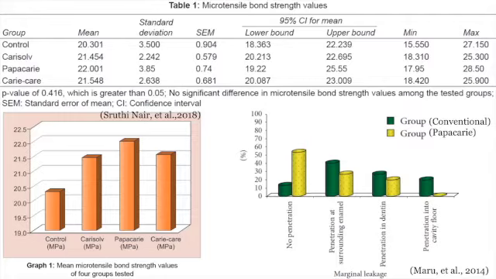Sturinair had concluded that the different chemo-mechanical caries removal agents didn't compromise the bond strength negatively in comparison to the control group, which was performed with burrs, the conventional rotary method.